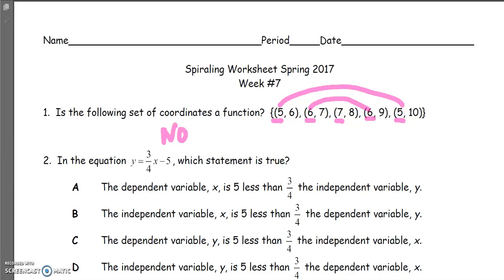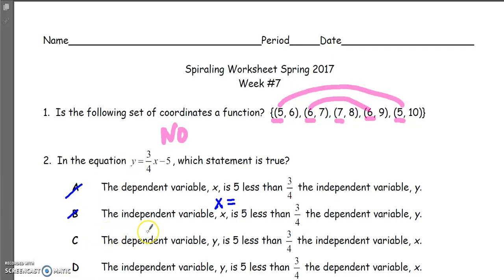Number 2 is asking in the equation which statement is true. So A says the dependent variable x. Well, x is not dependent, so that's not it. B says the independent variable x is. That means x equals. Do I have x equals right here? No, so B is not it.